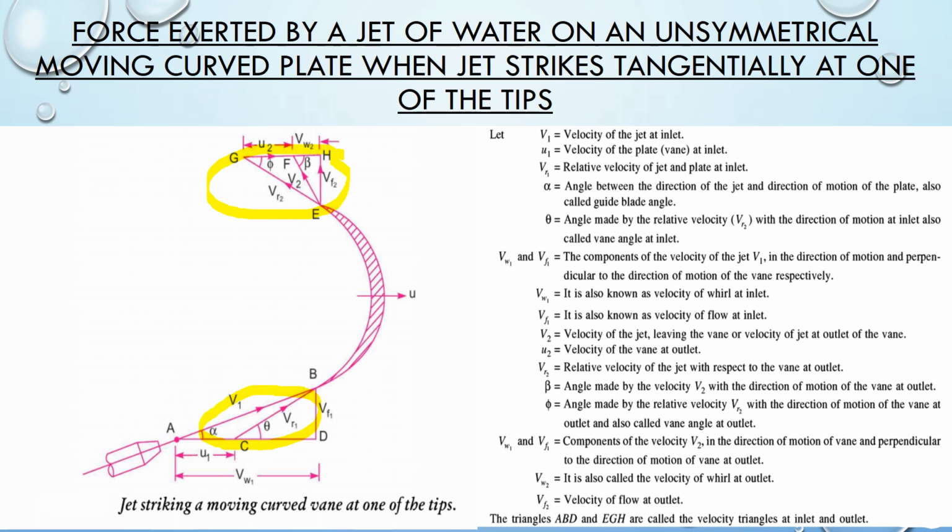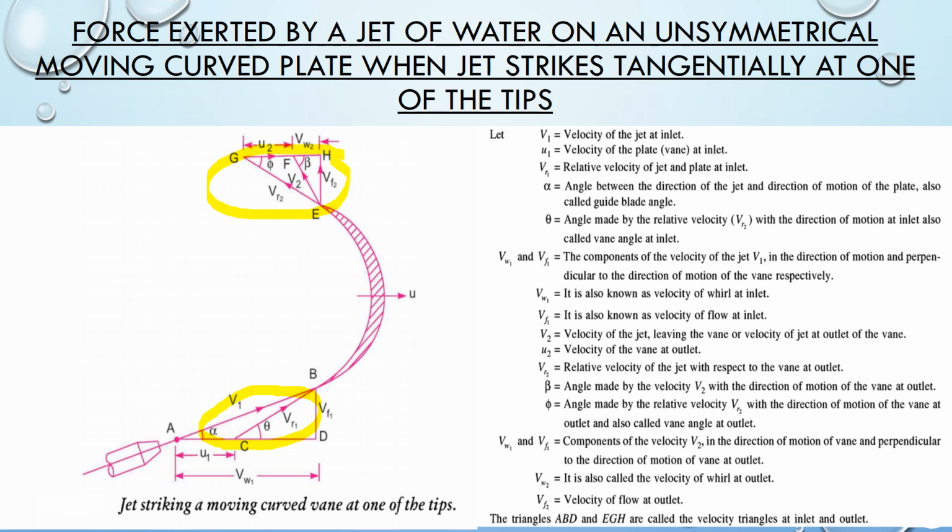And there is VW1. W means whirl velocity. That is, VW1 is the whirl velocity at inlet, and VF1 is the flow velocity at inlet. VW1 and VF1 are the components of V1.